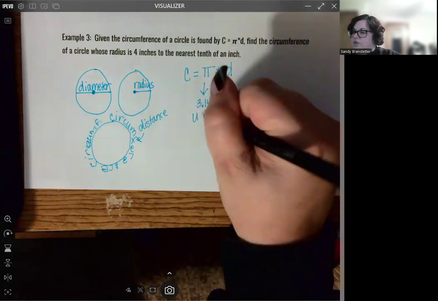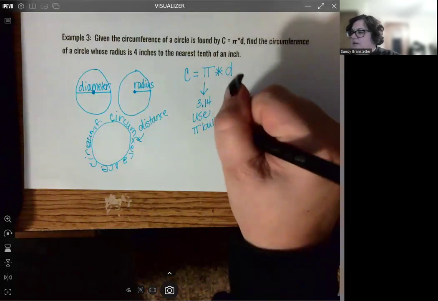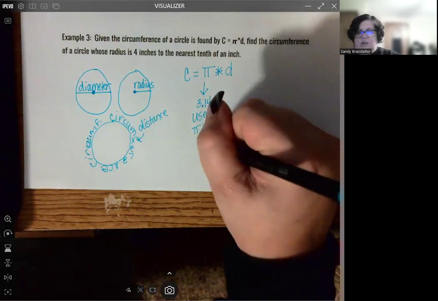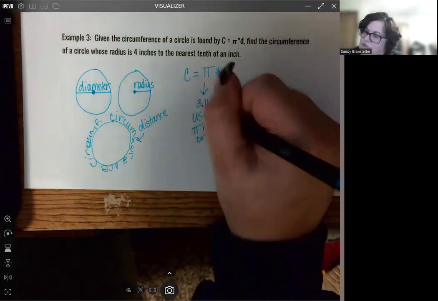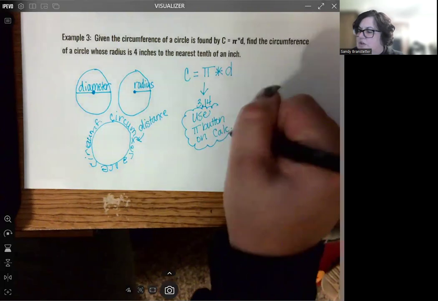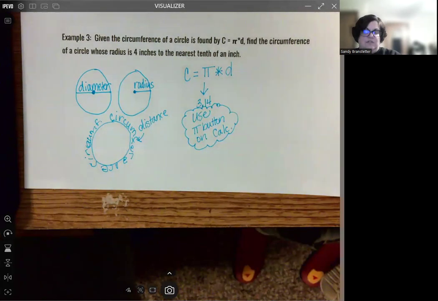So put a little note here, use the pi button on your calculator. Please, please, please make sure you make that note. Anything that has pi in it for our purposes, we want to be able to use the pi button.